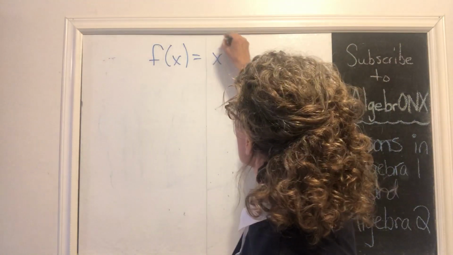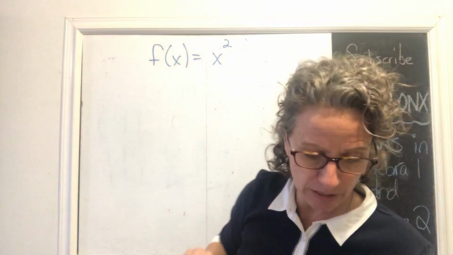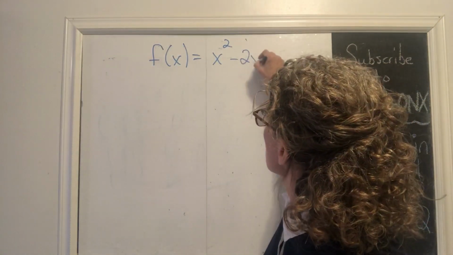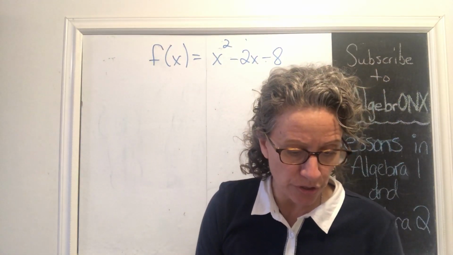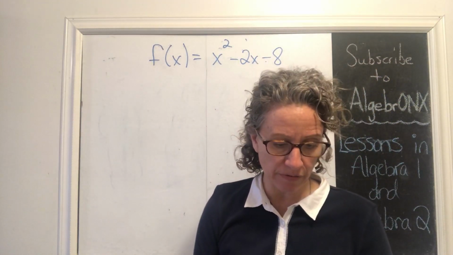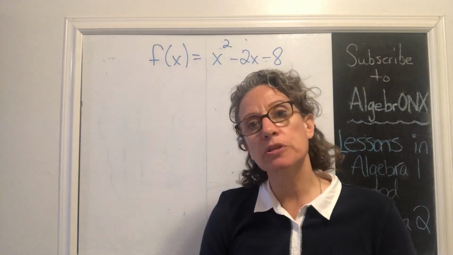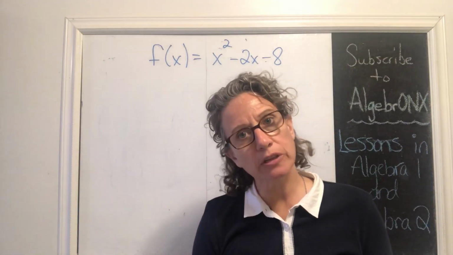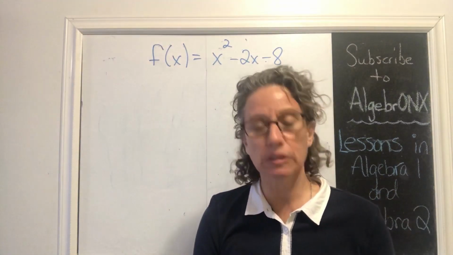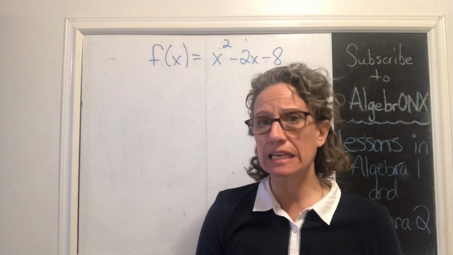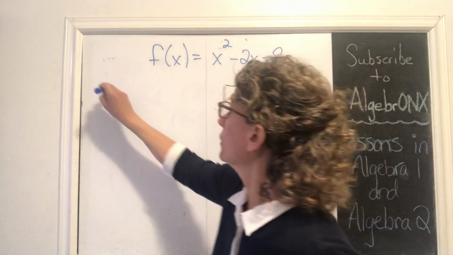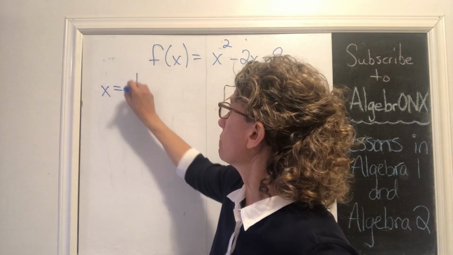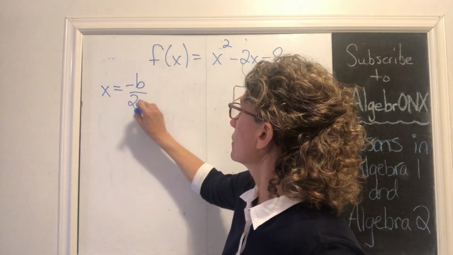To do that, we have a standard form, x squared minus 2x minus 8, and I want to determine and state the vertex of the function. Now, this particular problem asks specifically to use the method of completing the square. If it didn't, and it just wanted it algebraically, you could use x equals negative b over 2a.